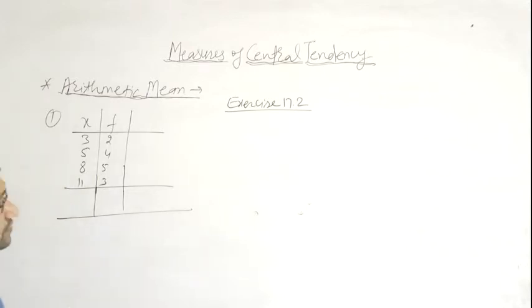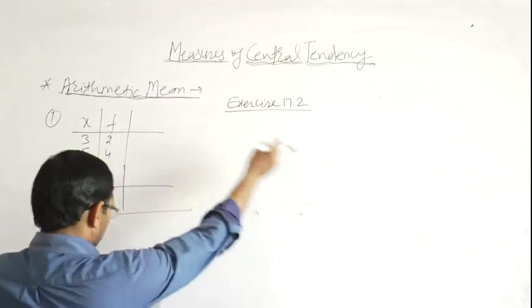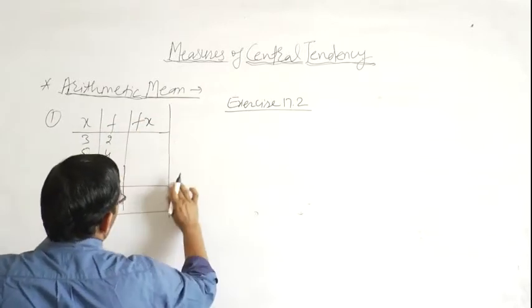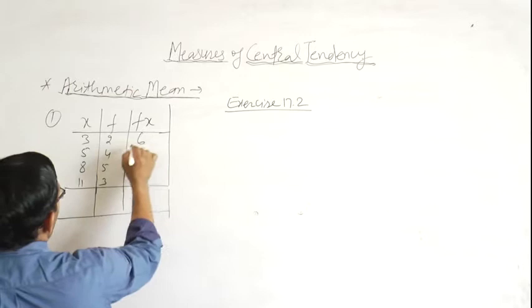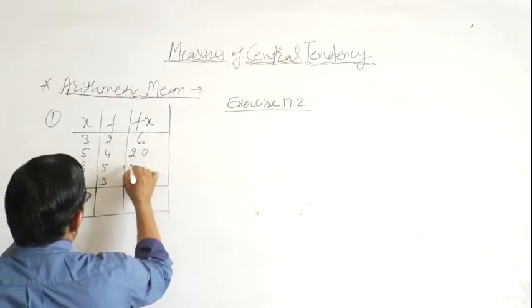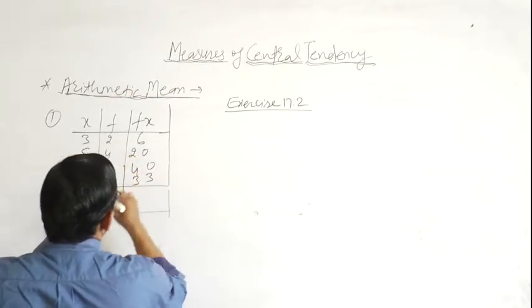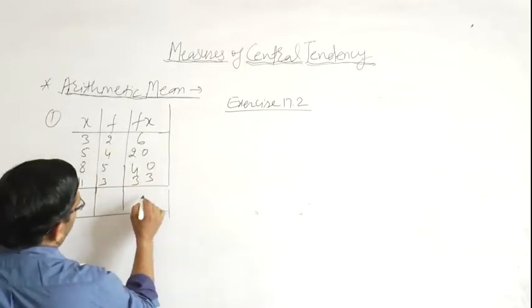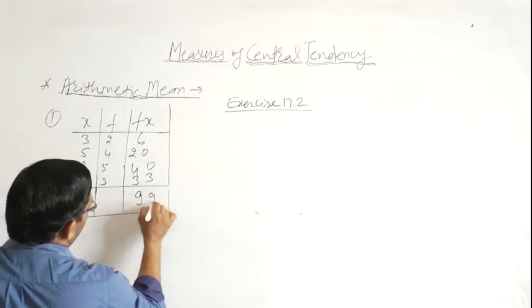First we find fx. fx is equal to 3 twos are 6, 5 fours are 20, 8 fives are 40, and 11 threes are 33. The sum is 99.